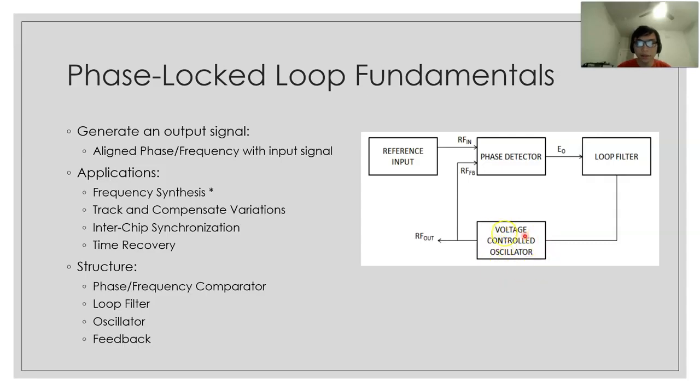The output of the VCO is the output signal which is aligned with the input signal here. The VCO output also feeds back to the phase detector, and these two are the signals that are aligned to each other.